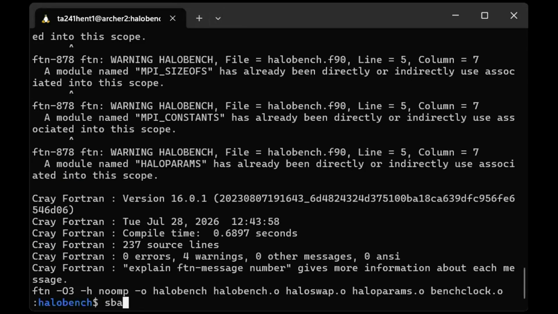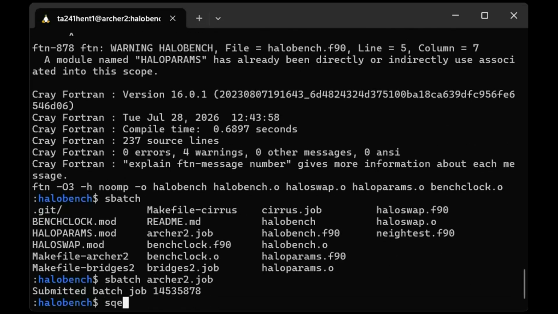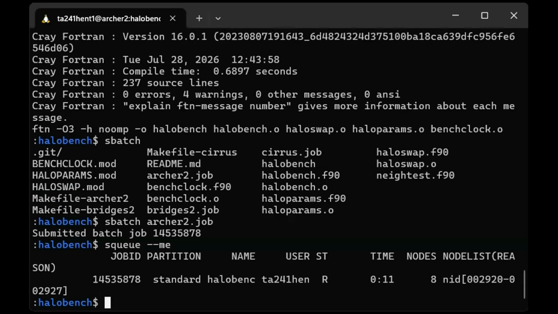There are a few warnings to do with my modules not being particularly well constructed. And if I sbatch, actually do a job, and squeue. Fine, so it does seem to work. You should be able to run that.